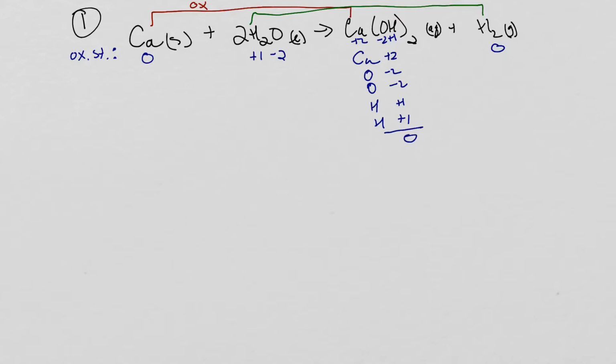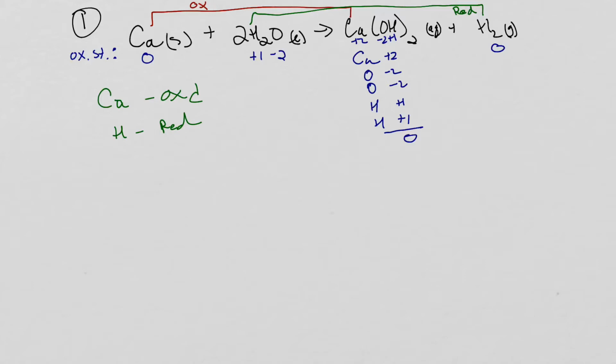It's getting smaller, indicating a reduction. So what this is all telling me is that calcium is the element undergoing oxidation, and hydrogen is the element undergoing reduction.